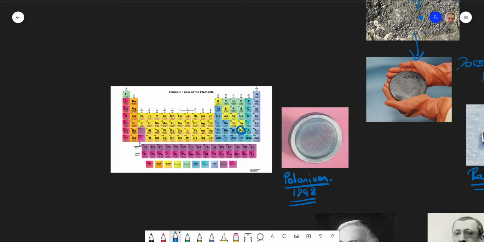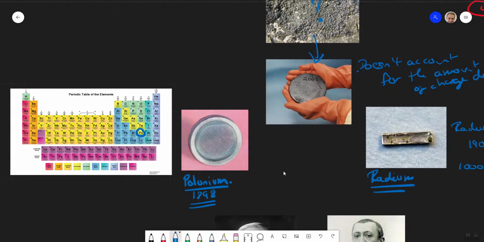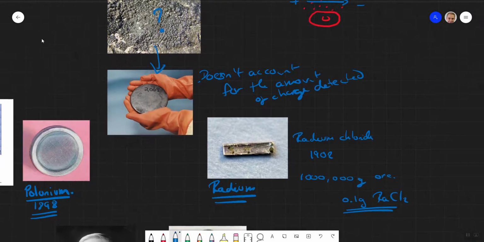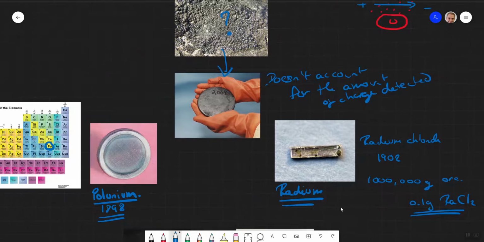She at first was crushing up, say, 100 grams of the stuff, in a rather optimistic way, but she needs a ton of it just to get 0.1 grams of radium chloride. And that knowledge is bonkers, because that was still accounting for huge amounts of the radioactivity of the overall ore, coming from this tiny, tiny fraction of radium chloride. So that was kind of the work that they were doing.